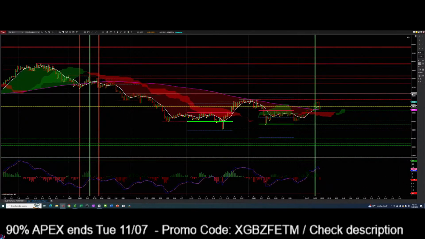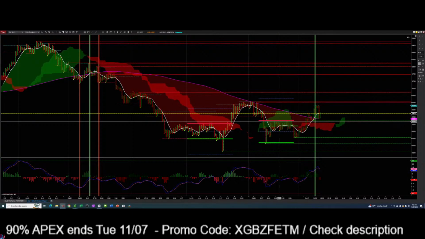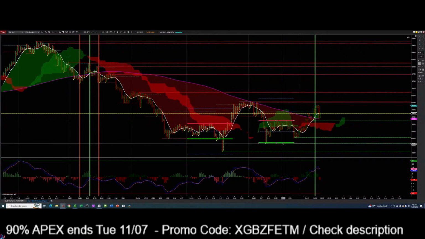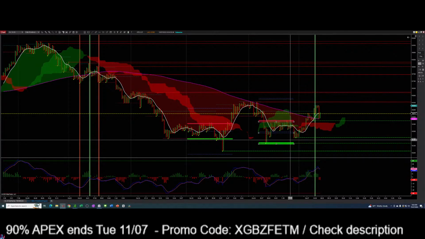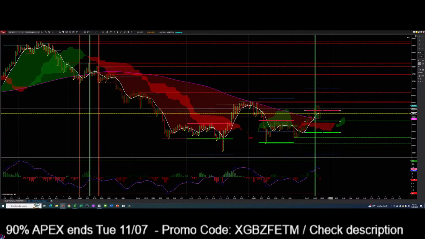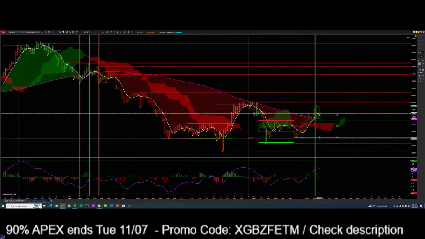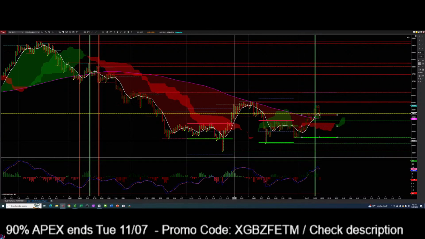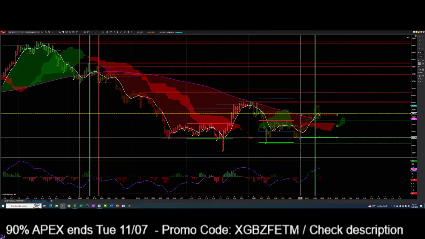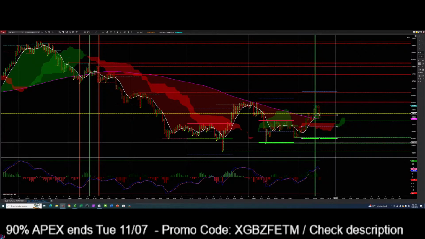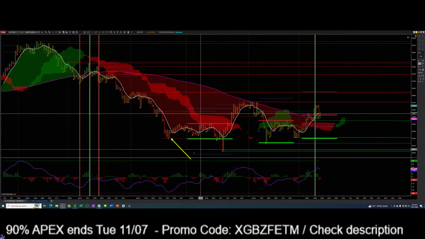Same dynamics here. So in crude, we do have this. I'm going to create a new one here and see where the levels are. I would agree with this analysis here. This is a support level. I would say that this one here is okay, just because of this one and potentially that one.